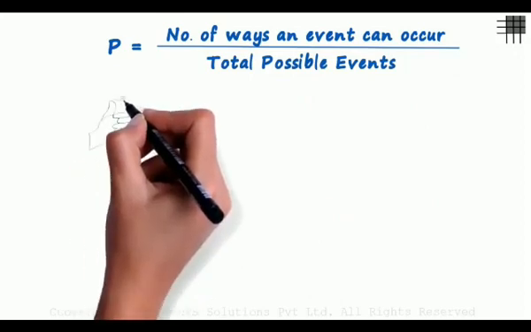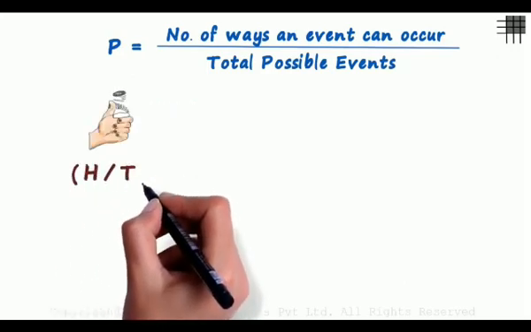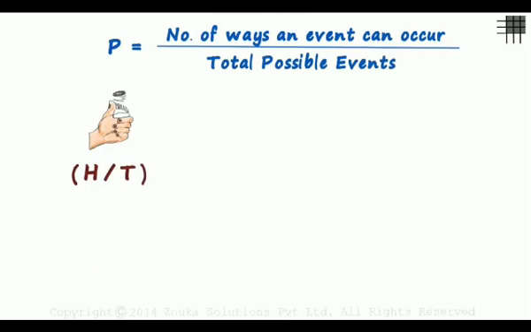First, the toss of a fair coin. It can either land a head or a tail. Now listen to this carefully. If we toss a fair coin, what is the probability that it will land a head? We're just tossing one coin. What is the number of ways in which we can get a head?